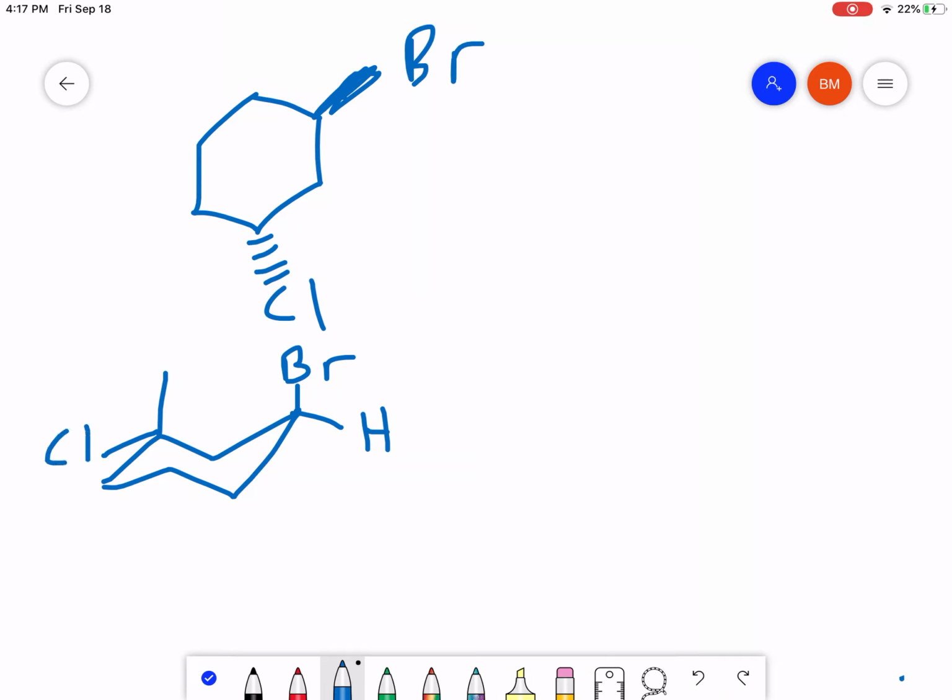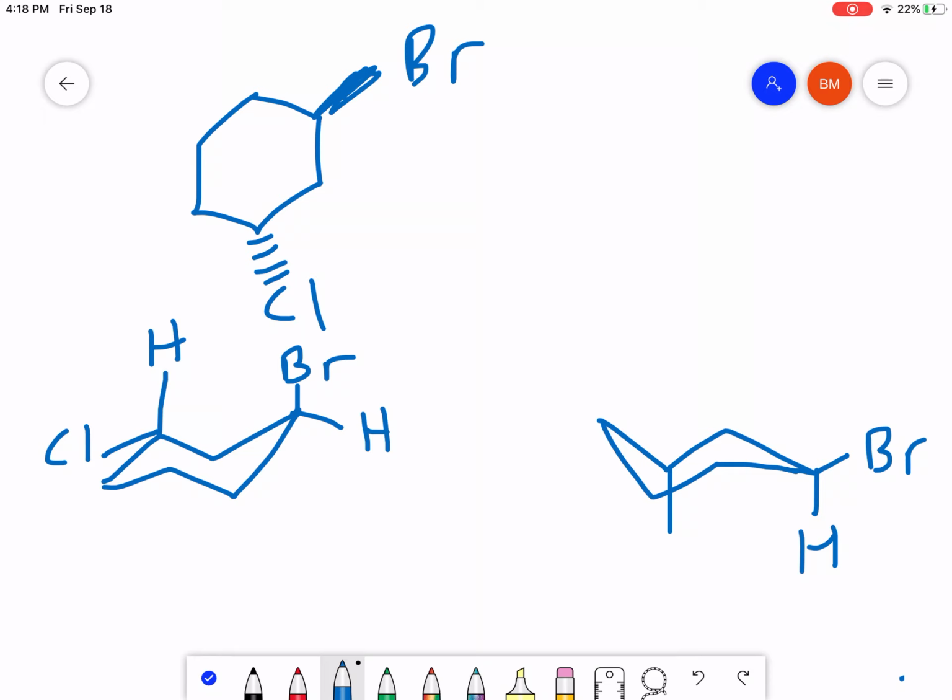So it's going to be slanted down equatorially, and the H will be axial. All right. Do a ring flip. We get that. And for the other carbon, we'll have a Cl pointed down axially, and the H equatorially off to the side.